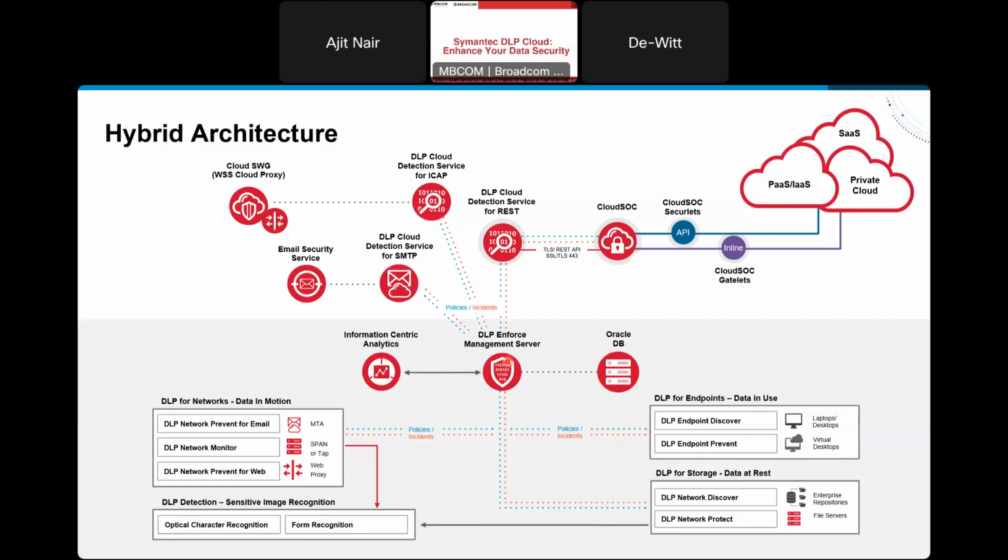You can create those agent packages. We support various flavors of operating systems, including Red Hat Linux, Windows, and Mac. So you create those packages on the Enforce server, and you can protect your on-prem use cases by using all our detection servers.